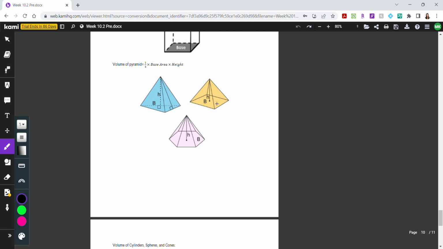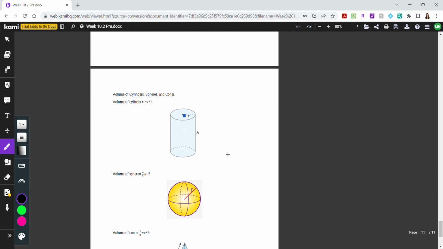I need to identify the base. This is a square base, so I need to find the area of the square first and then multiply it by the height and then times 1/3. Same thing for this one. As you can see, it is a hexagonal base, so I need to find the area of the hexagon first. And once I find the area of the hexagon, I am going to multiply it by the height times 1/3. And that's how you find the volume of the pyramid.